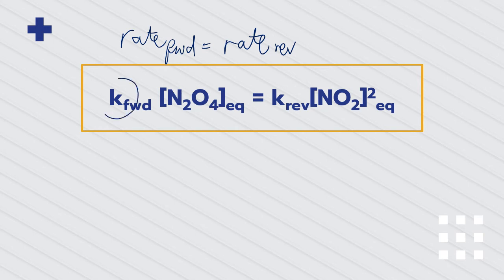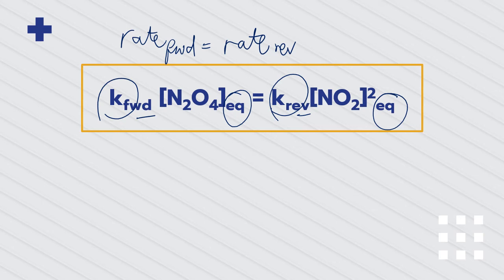Your k here, and another one here, correspond to the rate constants. This is for the forward, this is for the reverse. The subscript eq refers to concentrations at equilibrium.